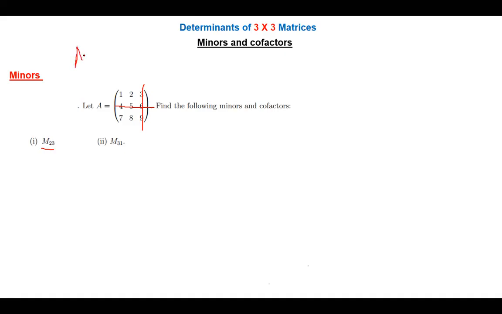Sometimes they denote it as, no sorry, it should be I times J, not M by N. They will denote it sometimes as I, J. So the question is saying we find the minor when we delete the second row and we also delete the third column.